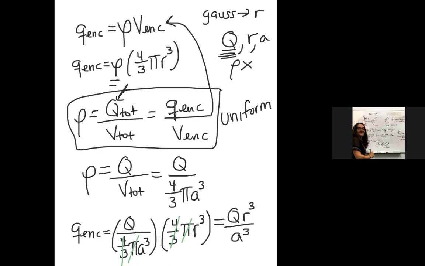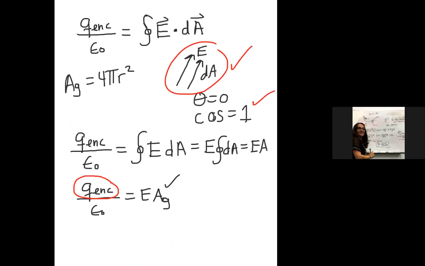Okay, so now we want to put it all together, because now we know how to rewrite Q enclosed. So let me get a new board and just rewrite this. Where were we? We had gotten to the charge enclosed over epsilon naught is equal to EA.